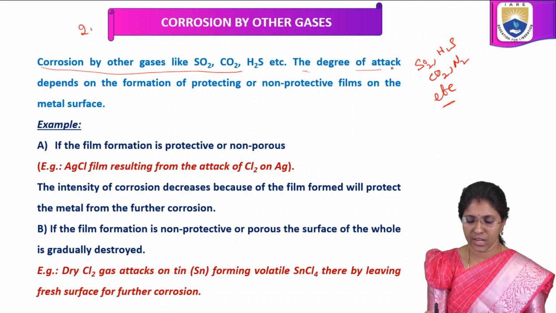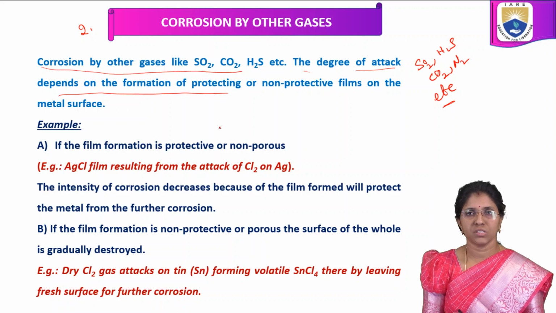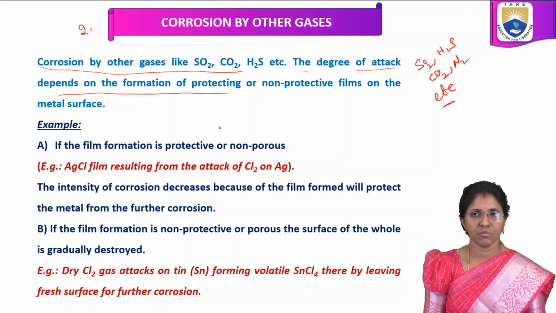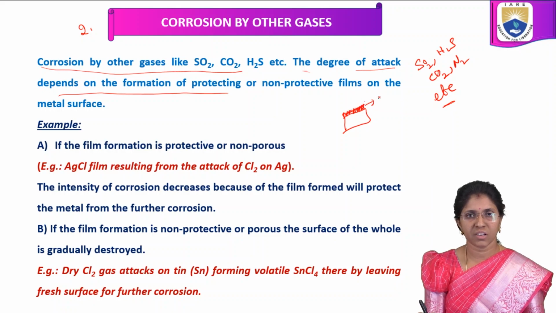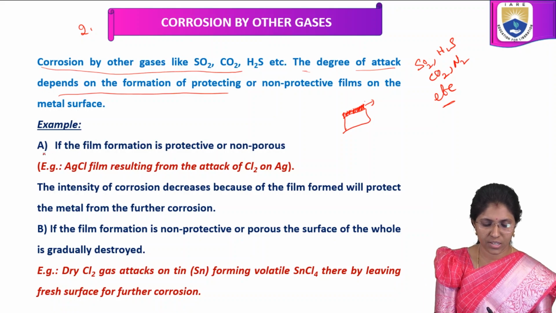The degree of attack depends on the formation of protective or non-protective films on the metal surface. Here also some film, some corrosion product, is formed, so the extent of corrosion depends upon the layer formed.